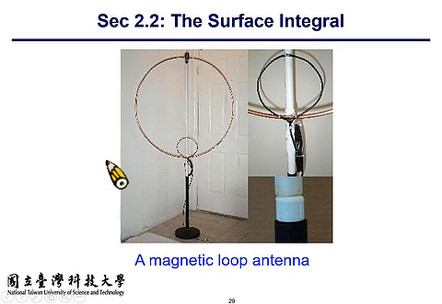For example, the FM antenna on a car. FM radio frequency is about 100 megahertz. So if you do the same calculation, the wavelength for 100 megahertz is about 3 meters.